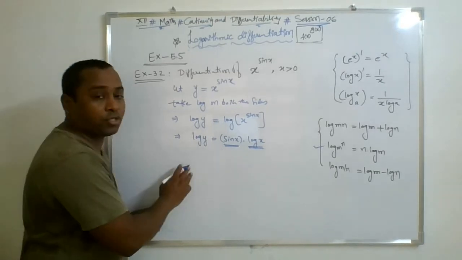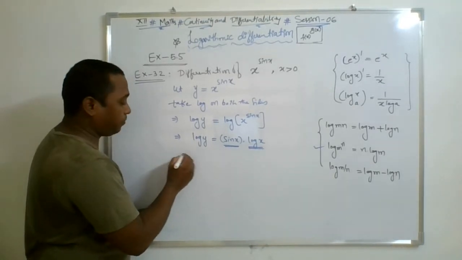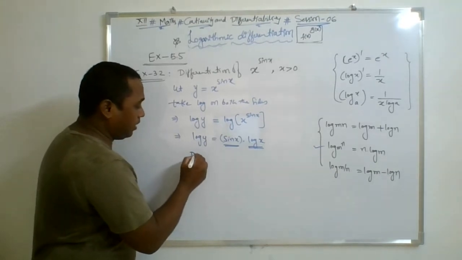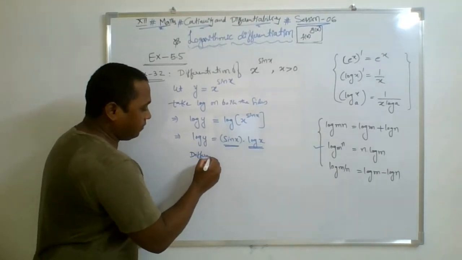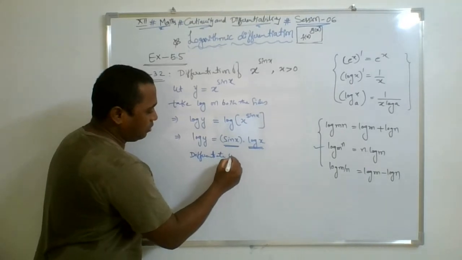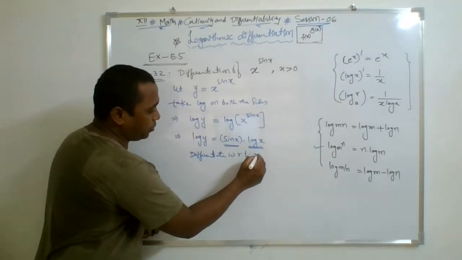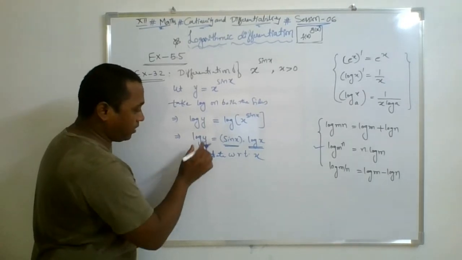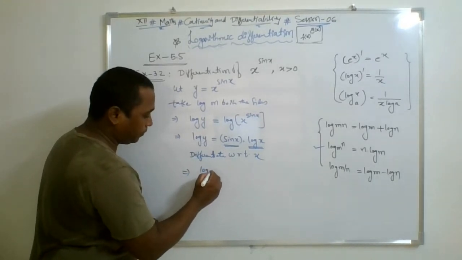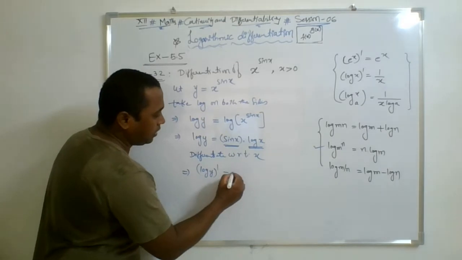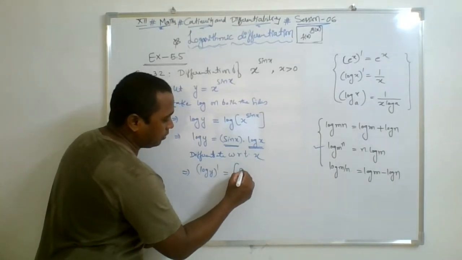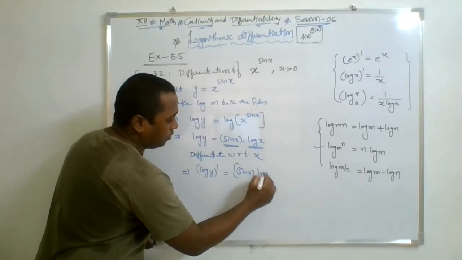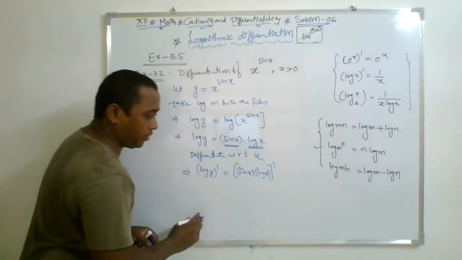Now take the differentiation on both the sides with respect to x. So write the statement: differentiate with respect to x. Now take log differentiation on both the sides. So log y whole dash is equal to sine x into log x the whole dash.